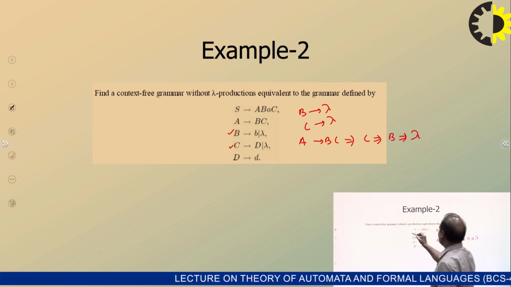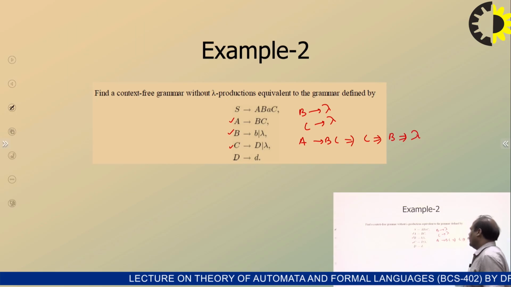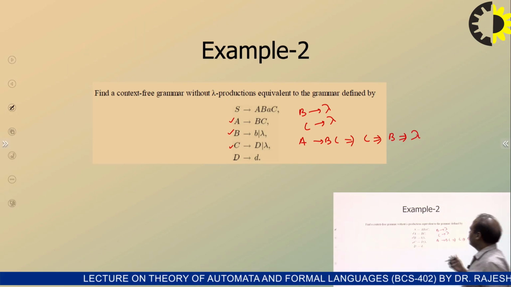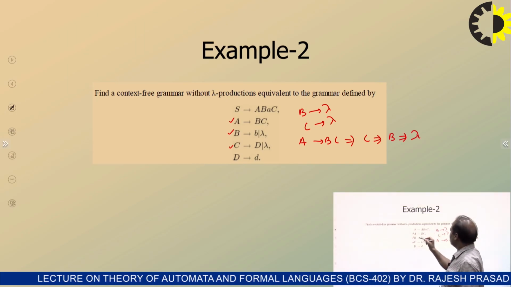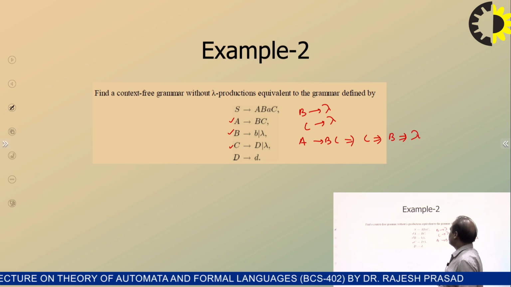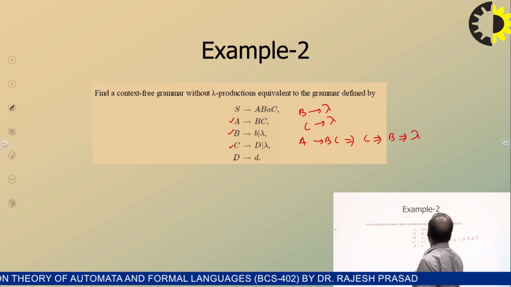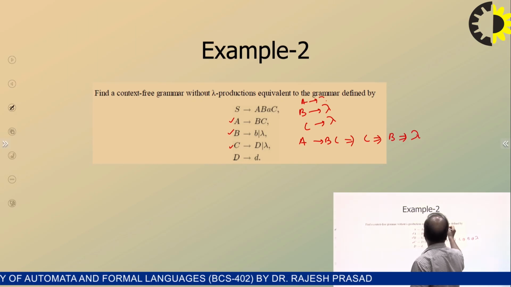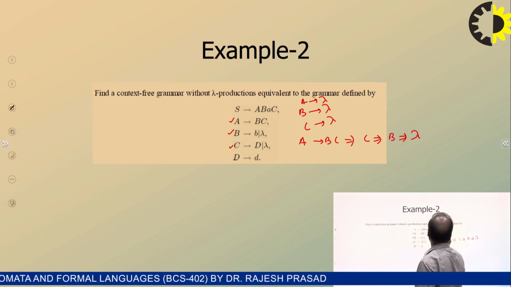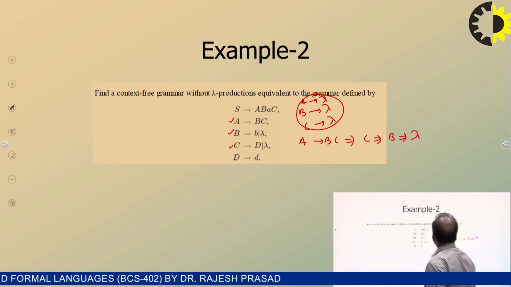So that means A is also a lambda production. No other productions are lambda because if you replace A, B, C by lambda, you will get small a. See here because of this. So three nullable productions are there.